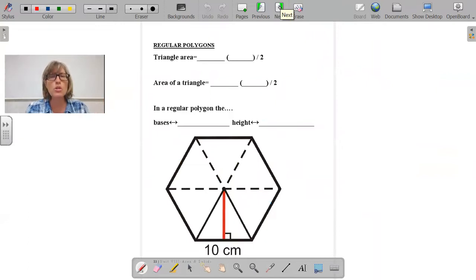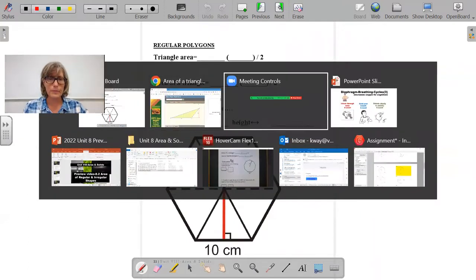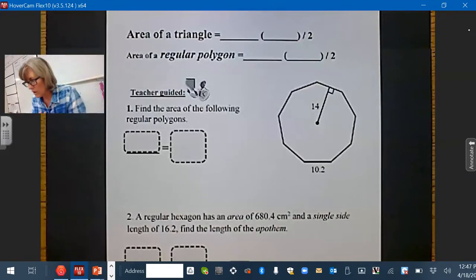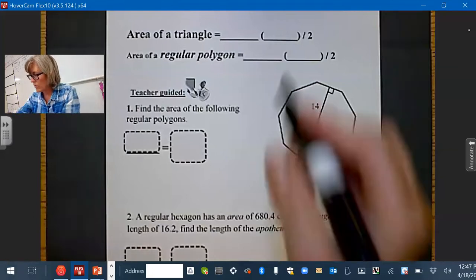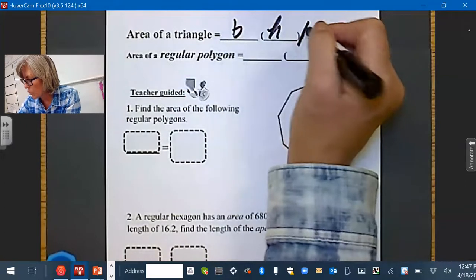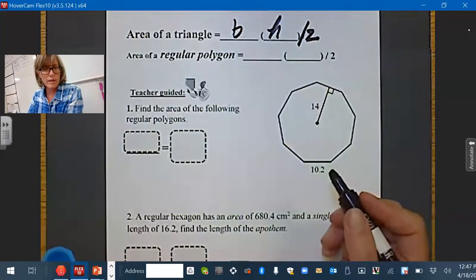We're going to use a triangle to build for a regular polygon. So keep in mind that area of a triangle is basically going to be base times height over 2.